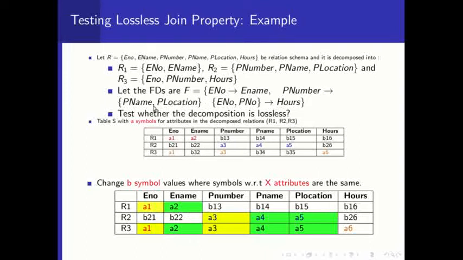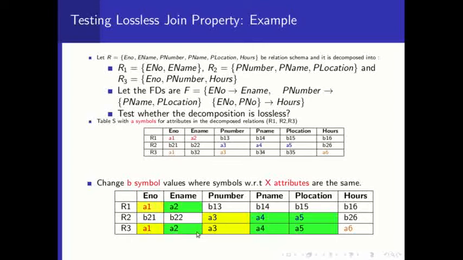And corresponding to the second FD, P number determines P name, P location: this is A3. Two rows have A3, then A4, A5 are the A symbols present corresponding to the Y attributes. Then replace B34 as well as B35 with A4, A5. And what about this one? E number is the first one, and P number is the third one.